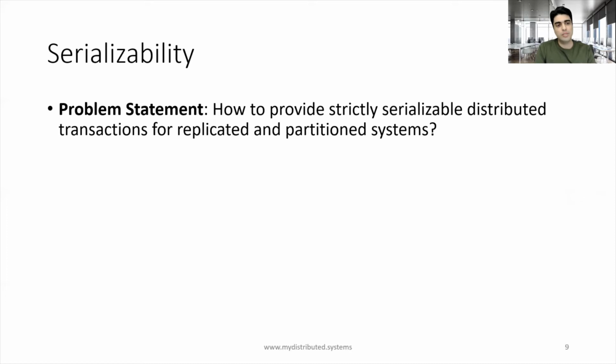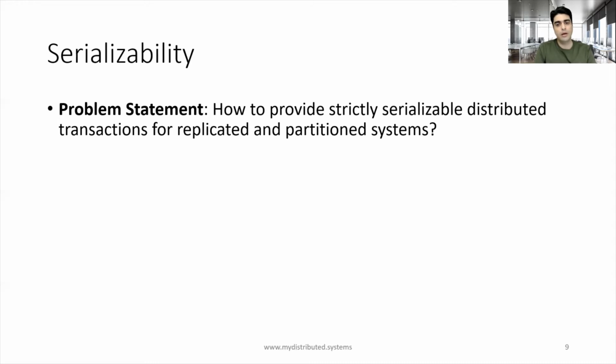So now this is our problem. How to provide strictly serializable distributed transactions for replicated and partitioned systems? What are replicated and partitioned systems? Basically, systems where our data is so big that we cannot fit it on a single machine, so we have to shard the data.